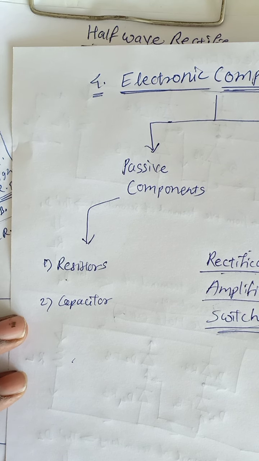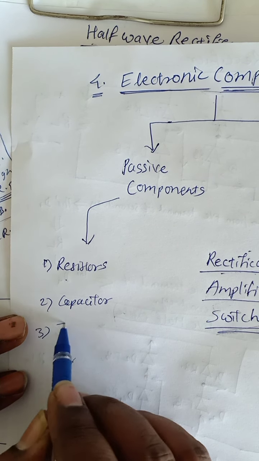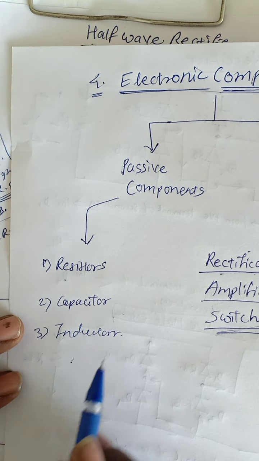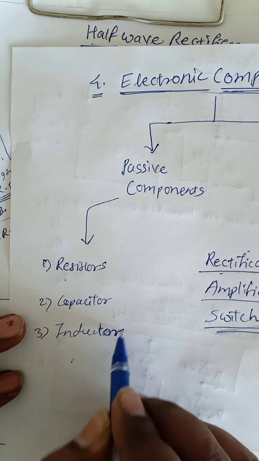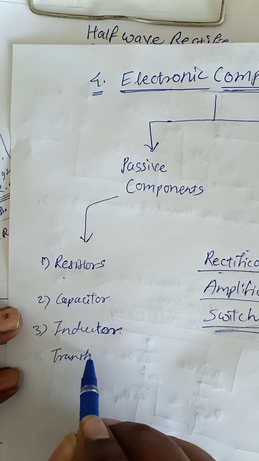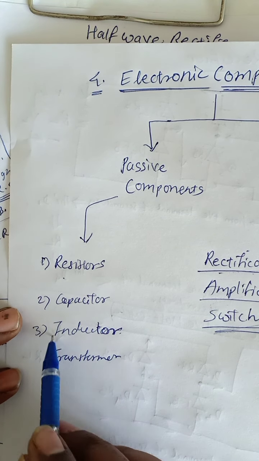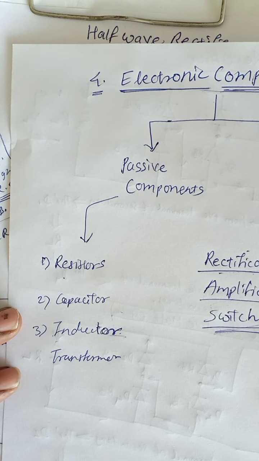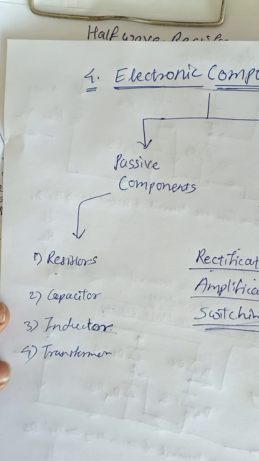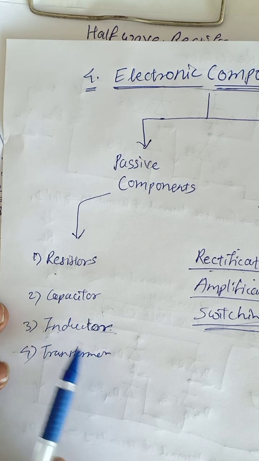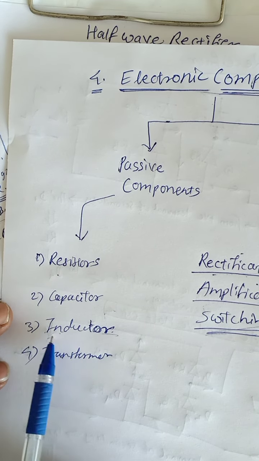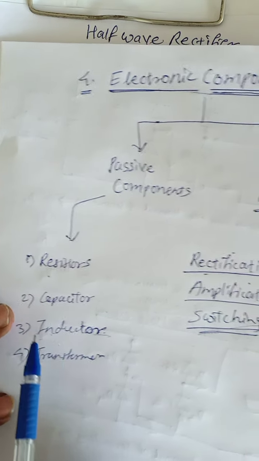This is another passive component, and third one is the inductor. There is another one, the transformer, which falls in the inductor category. You can say the fourth one is the transformer, but in the transformer there are two inductor coils. So resistors, capacitors and inductors are the passive components.